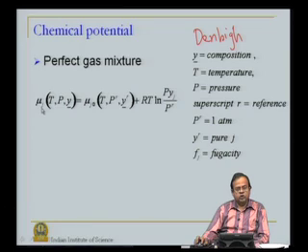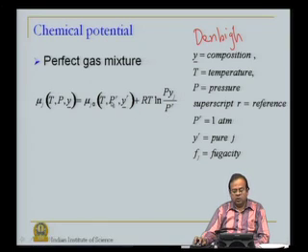Then the chemical potential of the component j at a given temperature T, pressure P and composition y, with n components and mole fractions y1, y2, y3 and so on, is related to a reference condition chemical potential mu j 0 at the temperature of interest, reference pressure and reference composition, plus RT ln of P y j. P is the total pressure and y j is the mole fraction of component j. So P y j is nothing but the partial pressure of component j divided by the reference pressure.